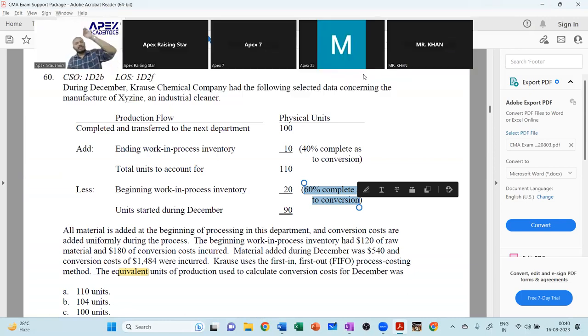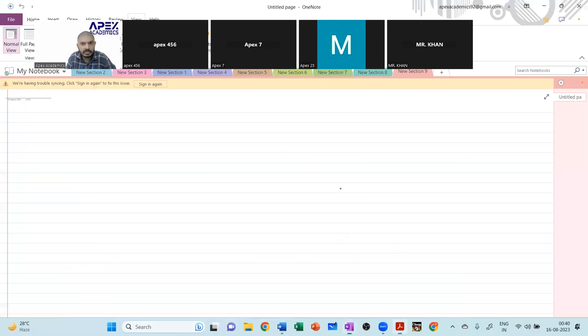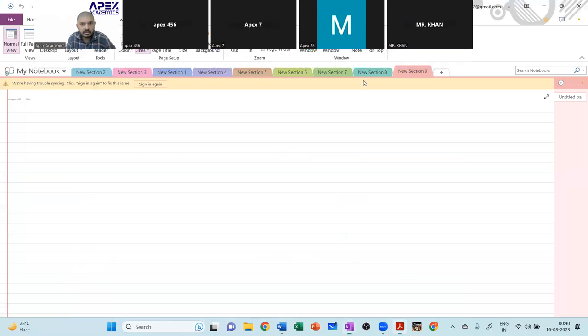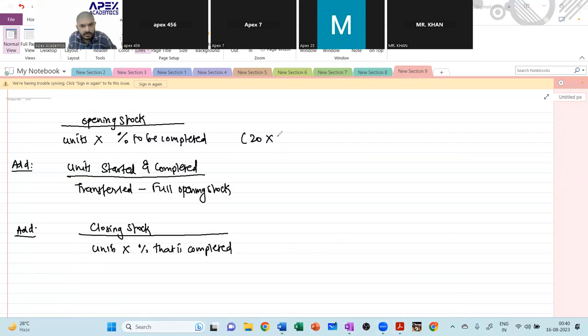So how much will you complete in this period? 40%. Correct? Yes. So 20 units multiplied by 40%.